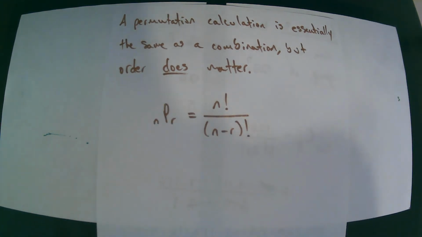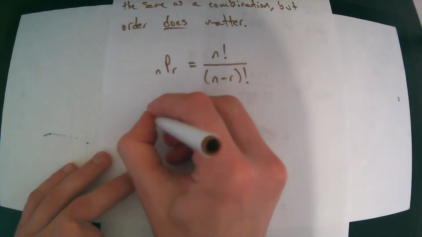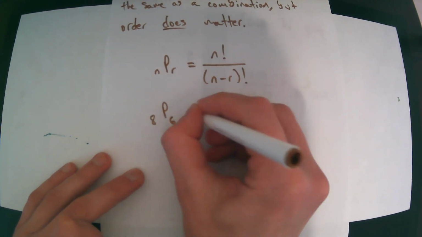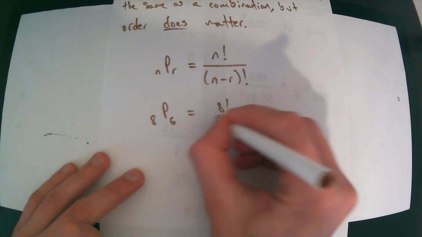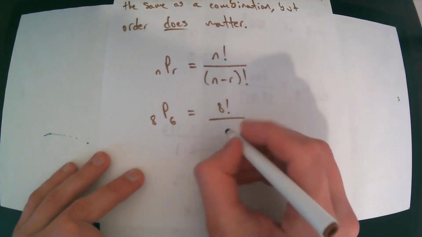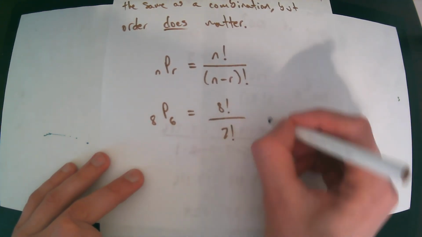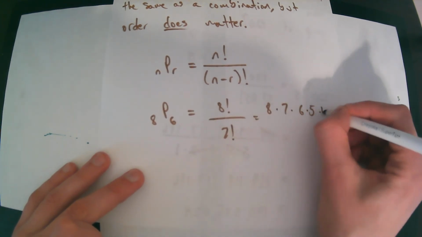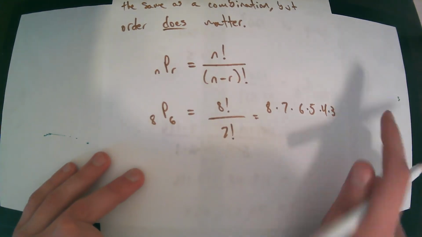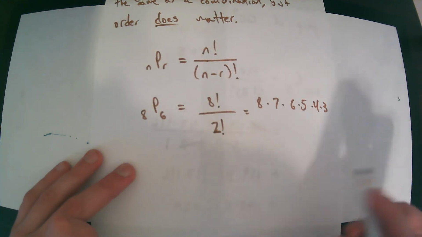Okay, so for example, let me run you through a computation first. 8P6 would be 8 factorial over 8 minus 6 factorial, so that's going to be 2 factorial. And that's going to give us 8 times 7 times 6 times 5 times 4 times 3, right? Because the times 2 times 1 would cancel.